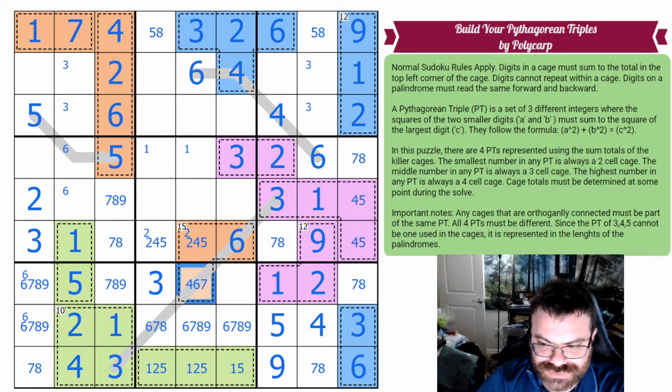This is 6. So if this were with the 4, it would be 5. If this were with the 7, that adds to 13. This would be 2. So this can't be 4 anymore. Does it see anything? This sees a 6.